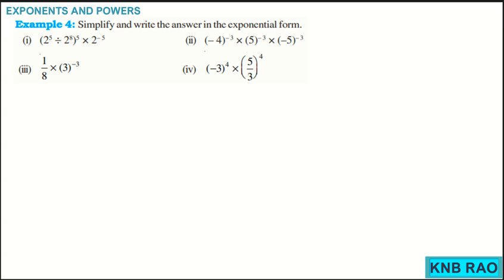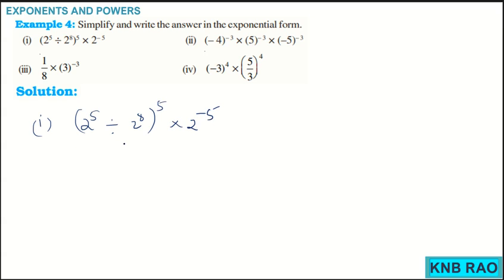Now coming to example number 4, simplify and write the answers in exponential form. So we need to simplify them one by one. Coming to question number 1, 2 power 5 divided by 2 power 8 whole power 5 into 2 power minus 5.